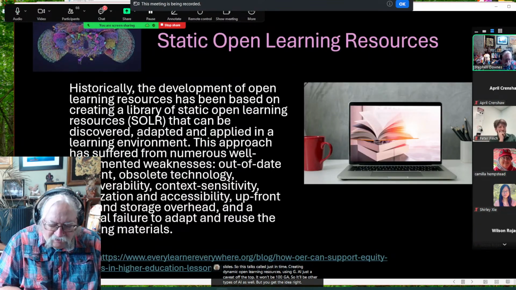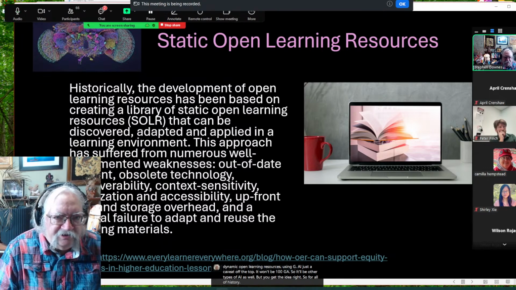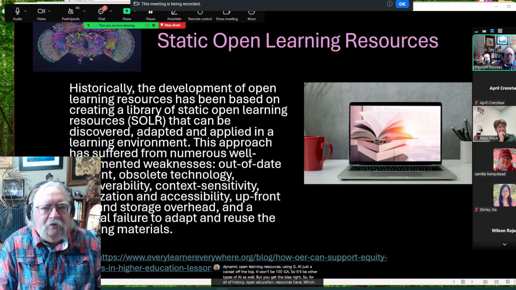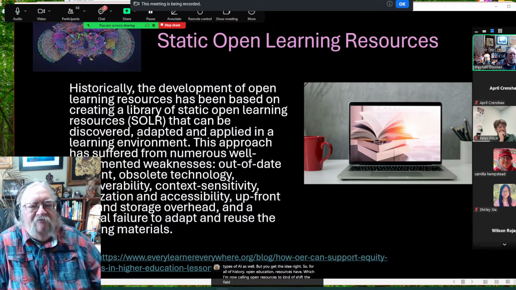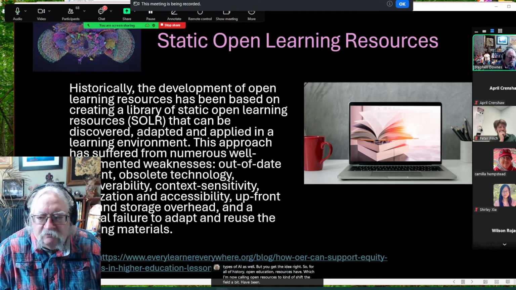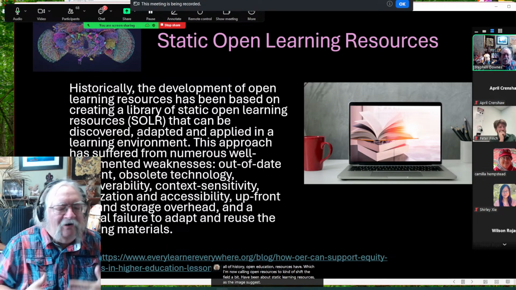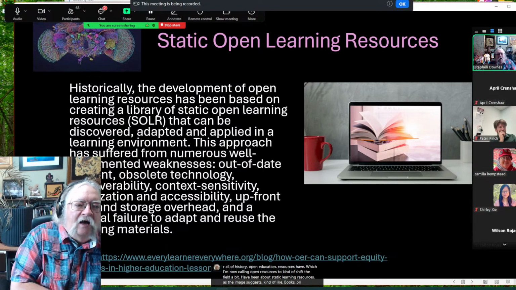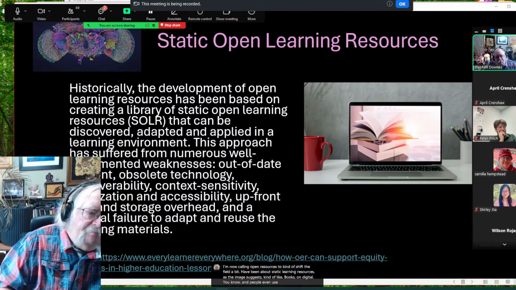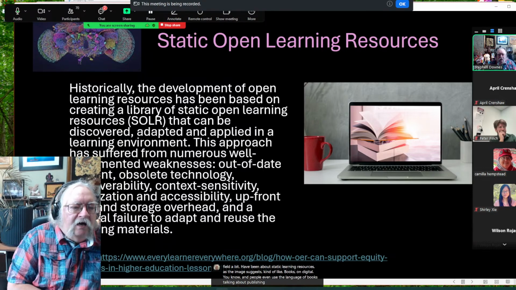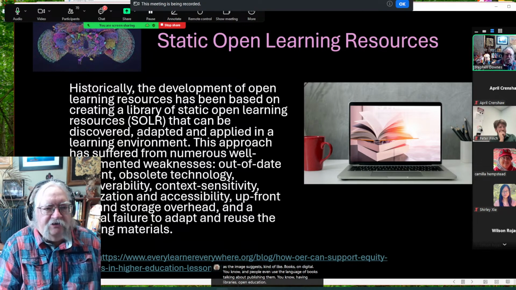So for all of history, open education resources, which I'm now calling open learning resources to kind of shift the field a bit, have been about static learning resources, as the image suggests, kind of like books on digital. And people have even used the language of books, talking about publishing them, having libraries of open education resources, etc.